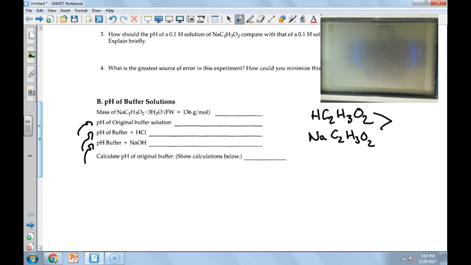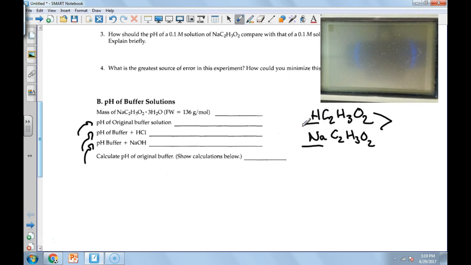Let's get into it. This first one is just the buffer. The buffer is a mixture of the acid with the sodium acetate. I would always suggest, anytime you do these problems, whether in the lab or as part of the class, that you write a reaction.